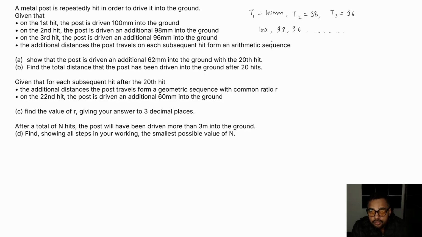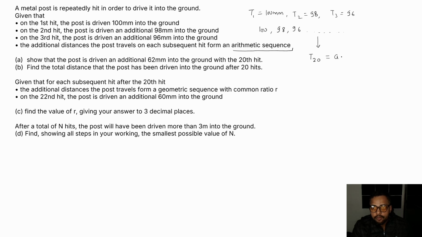The common difference between the terms is -2, and the first term is 100. They have also mentioned in the question that it is an arithmetic sequence, so that the post is driven an additional 62 millimeters into the ground with the 20th hit. So what we need to find is T20.